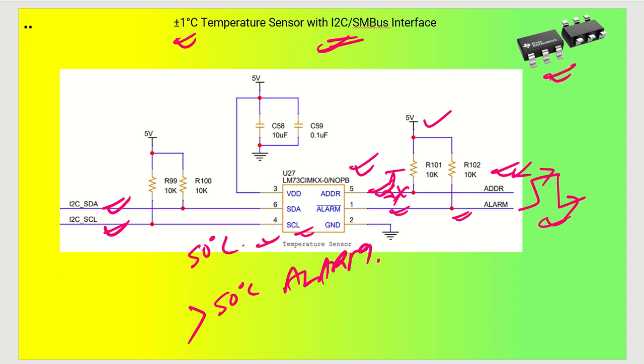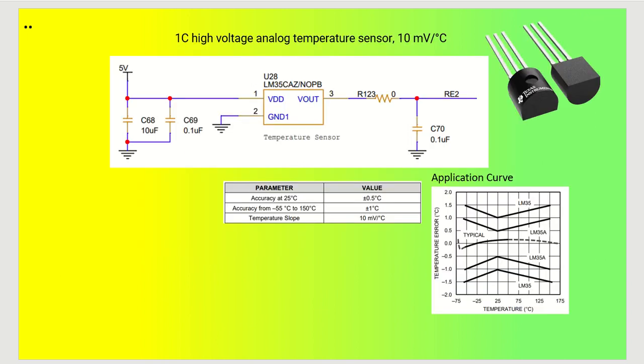Let me give you another temperature sensor which is most widely used for very robust applications, and it can be utilized for thermometer development, or normal temperature sensors for your home applications or automotive applications. This is very widely used, which is LM35. I have taken the TO92 package.